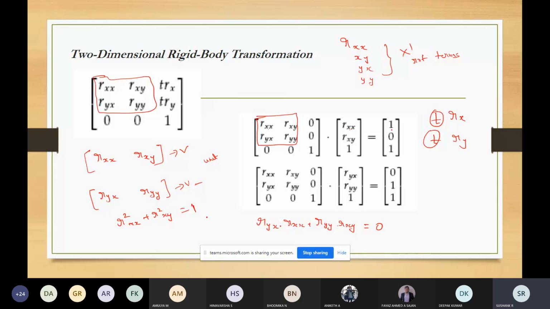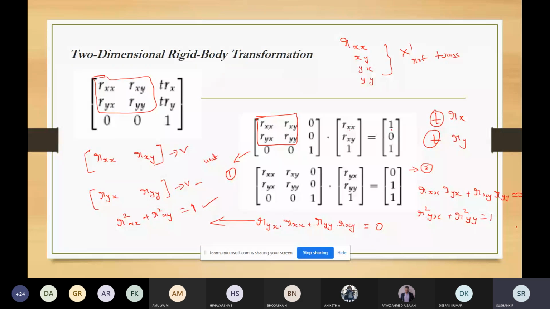This is what we call an orthogonal unit vector set, or orthonormal vector set. This equation is for the first row. For the second, rxx ryx plus rxy ryy is equal to 0, and again r square yx plus r square yy is equal to 1.